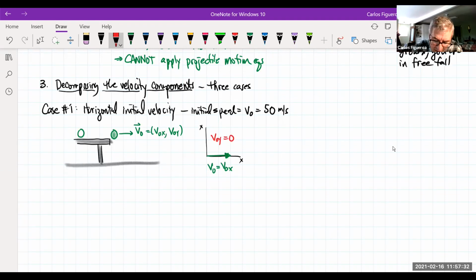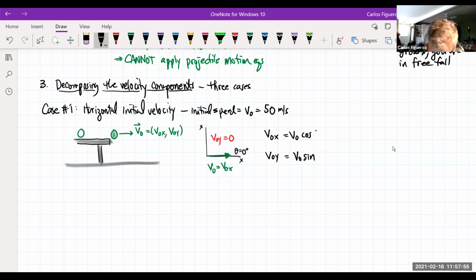So when I look at my components here, I have the initial x and y, and according to our definitions, since I'm measuring things relative to the x-axis, you could see that the angle in this case has to be 0 degrees.